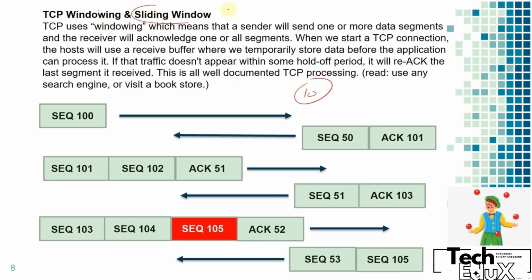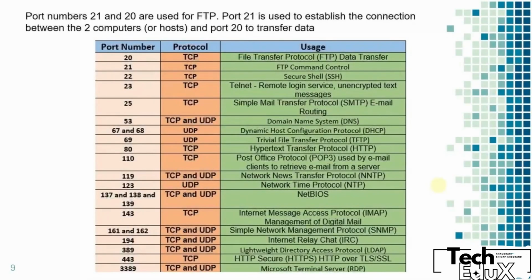Just taking the same previous scenario, sequence 100 is sent, acknowledged with 101, and now it is going to send its own sequence number as well. But this is on the basis of the capacity of this receiver, which is going to be a web server.